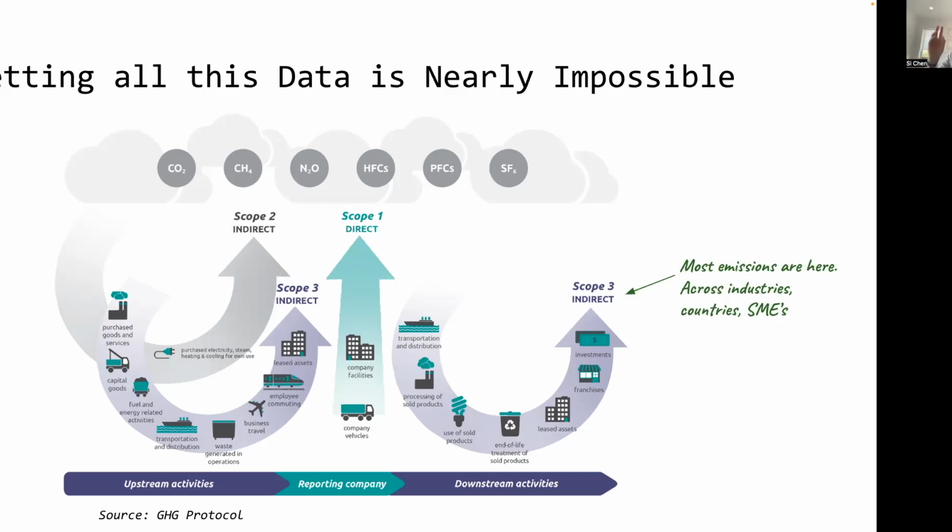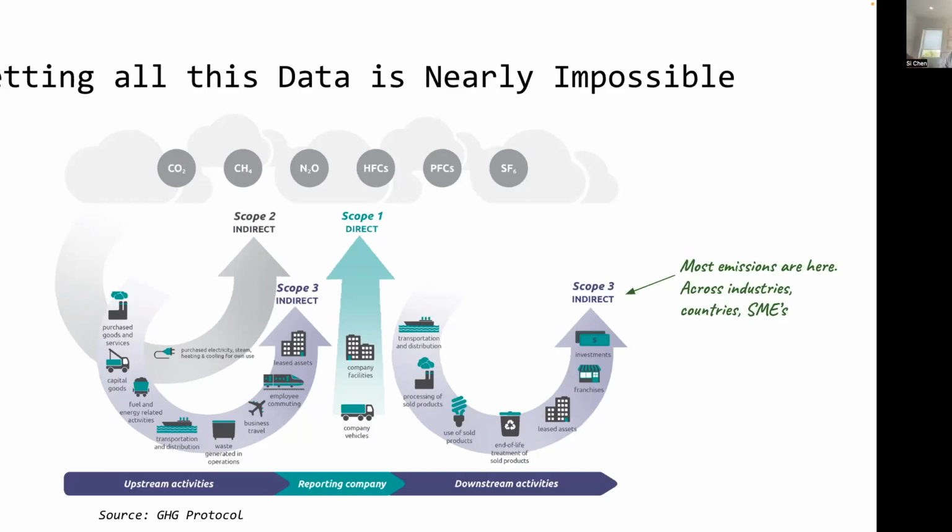It's from the things that you purchase from your suppliers. It's from the shipping of the goods to you, okay? It's from the shipping of your goods to your customers. It's from their use of your products.